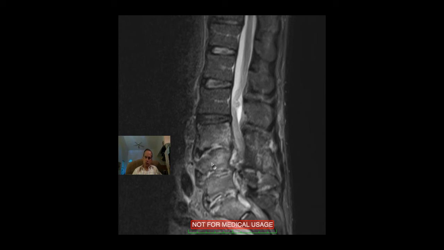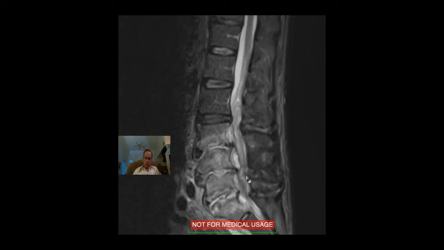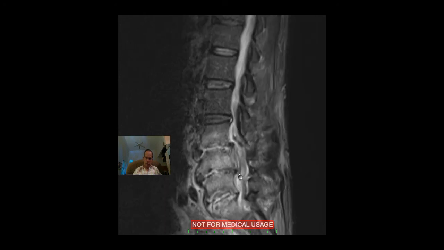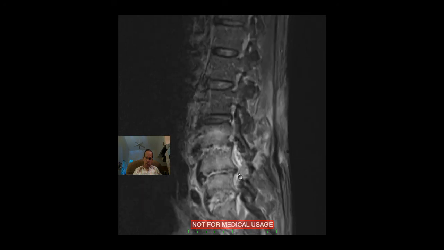This is deformed, but it's maintaining its articulation with L3 and L5, albeit with the production of considerable central canal stenosis here at L4-5, and significant also on the other side here at L3-4.